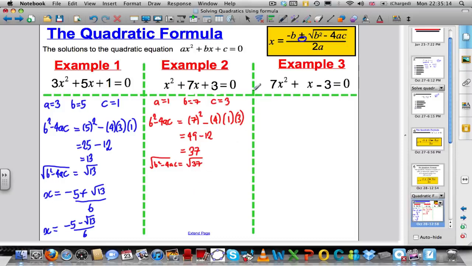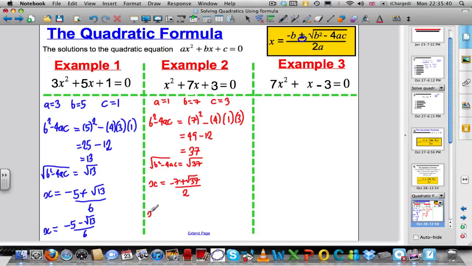Okay, very close now. Just substitute my b and a into the rest of the formula, taking firstly the positive solution, then the negative. We've got the two x's. x is equal to minus b, which is minus 7. Take the positive square root, plus root 37, all divided by 2a, which is 2 times 1, which is 2.